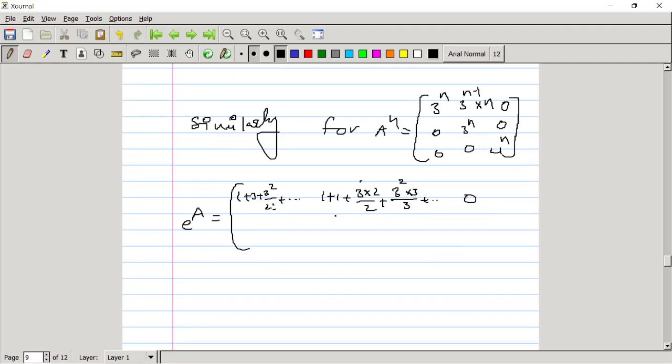This is 0, 0, this is again 1 plus 3 plus 3 square by 2 factorial and so on. This is 0, 0, 0, 1 plus 4 plus 4 square by 2 factorial plus 4 cube by 3 factorial and so on.